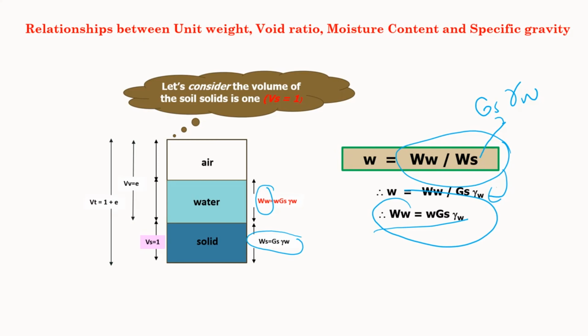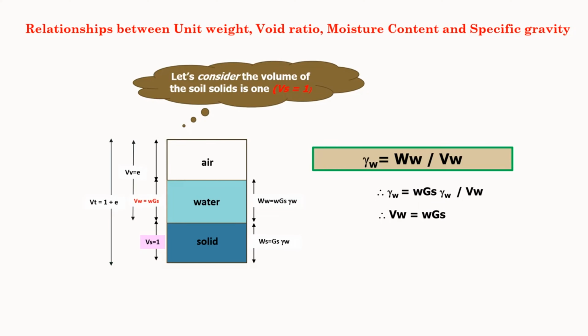So we have another equation for the water component with regard to weight. We now have a complete set of equations for the components of weight, based on weight of water and weight of solid. We don't have to find weight of air because it's always assumed equal to 0.